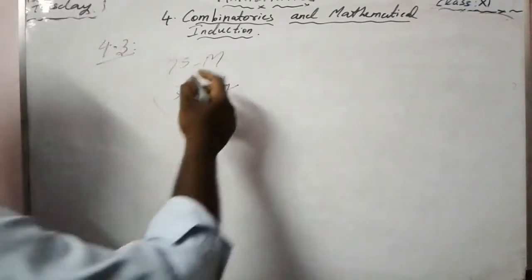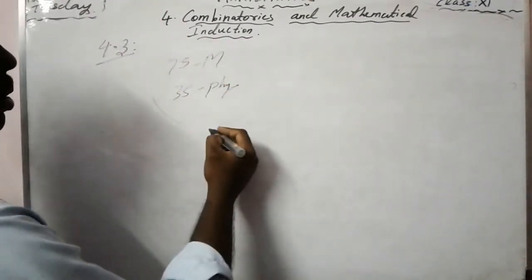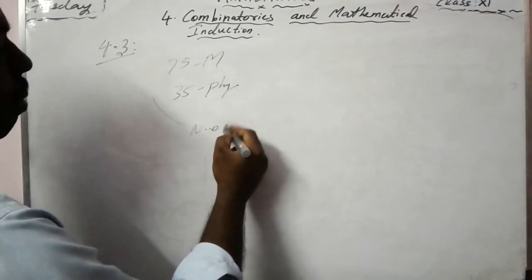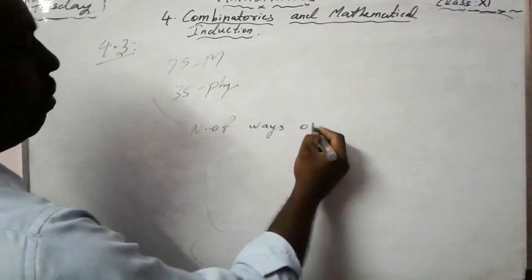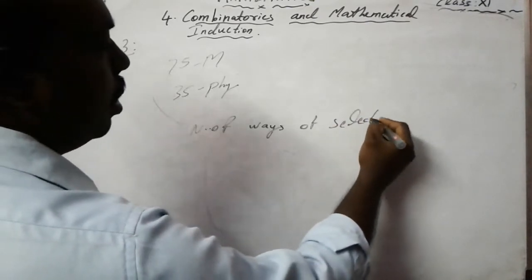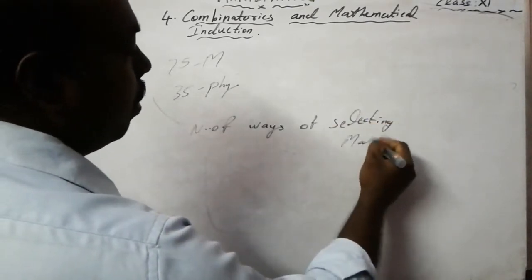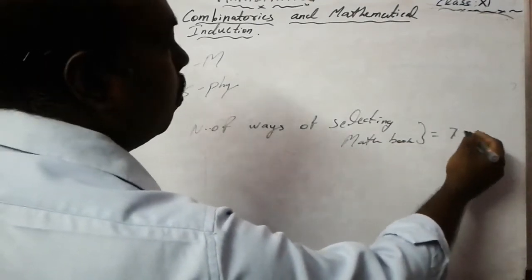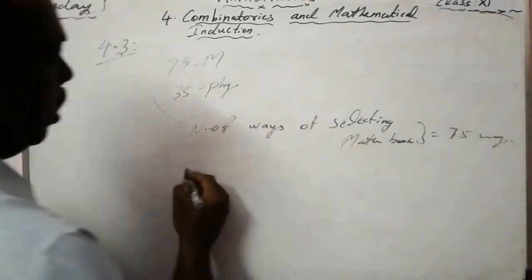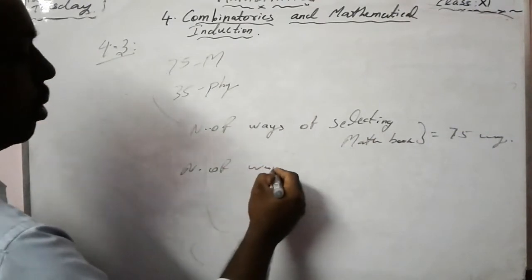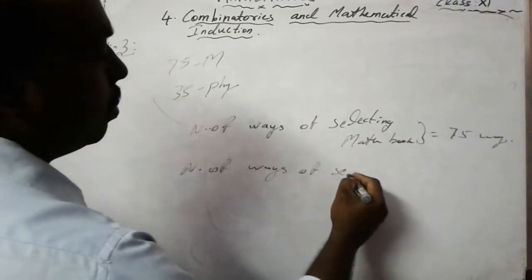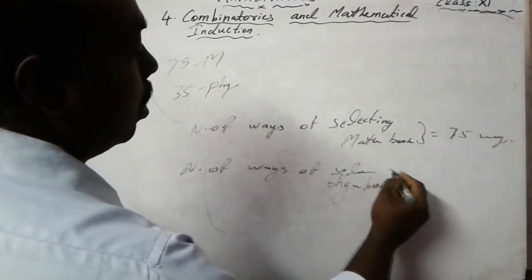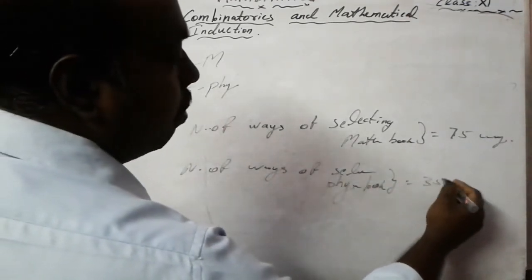If a student wants to select a mathematics book, how many ways? Number of ways of selecting a mathematics book is equal to 75 ways. Then number of ways of selecting a physics book is equal to 35 ways.